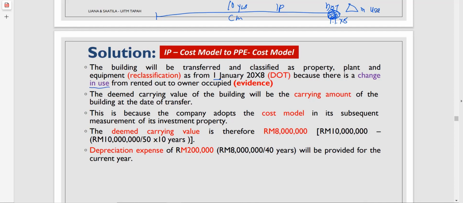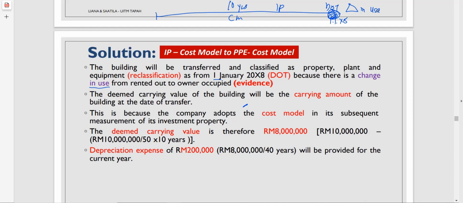The deemed carrying value of the building as a PPE will be, as an IP, if you read the question, the deemed carrying value of the IP building will be the carrying amount of the building at the date of transfer. Because the word here is building, you will get confused easily. So why not we just make it easier?